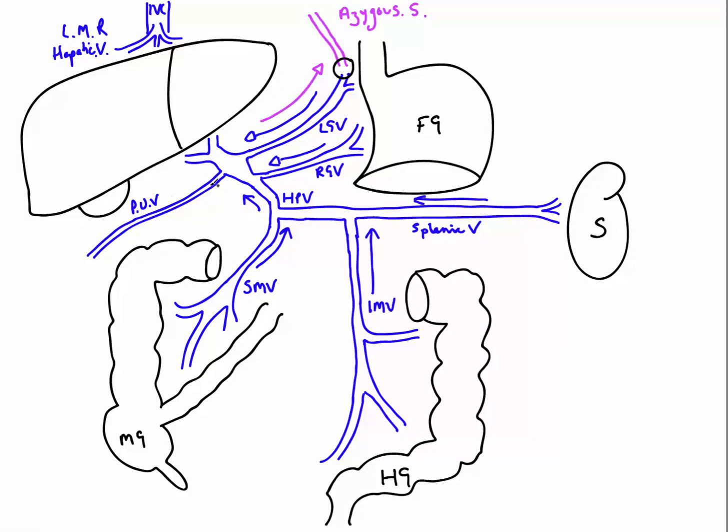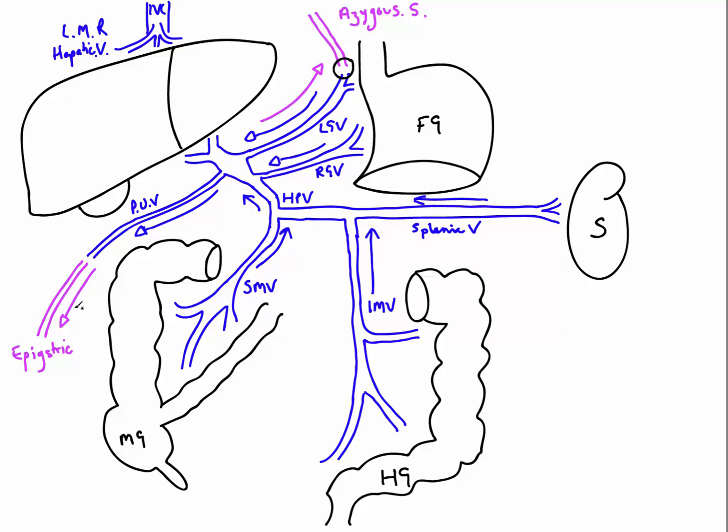Here, blood can now pass away from the hepatic portal vein and enter the epigastric veins that are running throughout the anterior abdominal wall. So here we have some epigastric veins that are running on the anterior abdominal wall. Now blood can pass into these veins and they drain back into the inferior vena cava. So once again, going back into the systemic circulation.